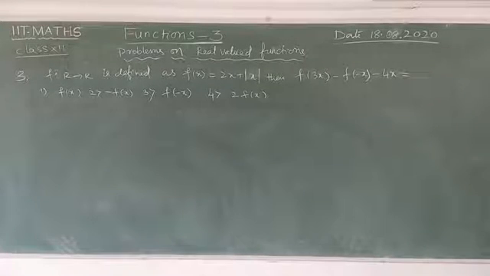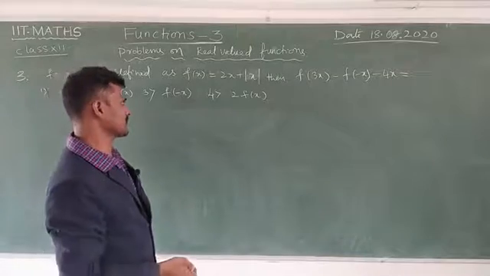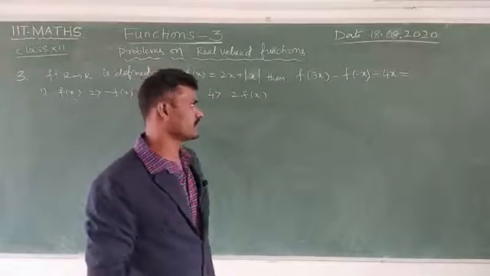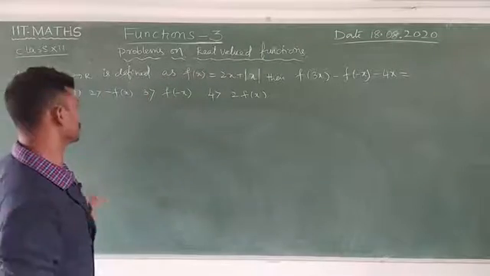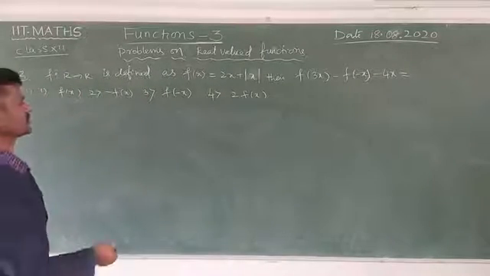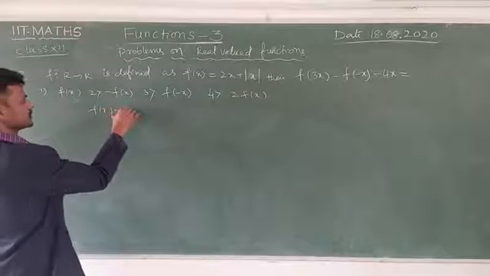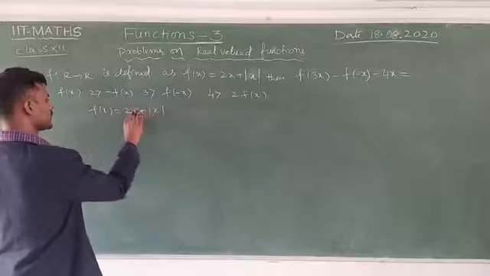Next problem, third one. f is a mapping from R to R defined as f of x is equal to 2x plus mod x. Then f of 3x minus f of minus x minus 4x is equal to? Given 4 options, you have to check which one. Now, f of x is equal to 2x plus mod x as given.